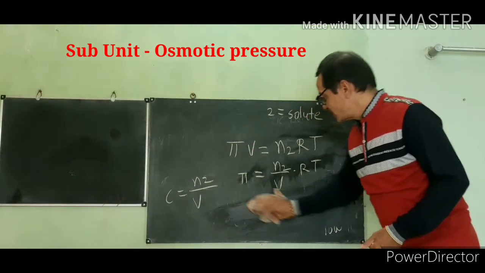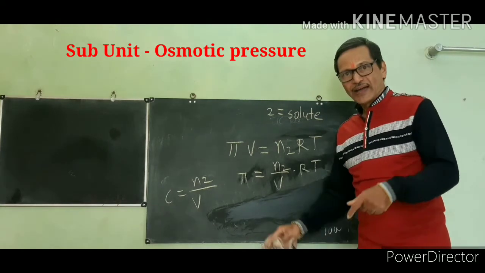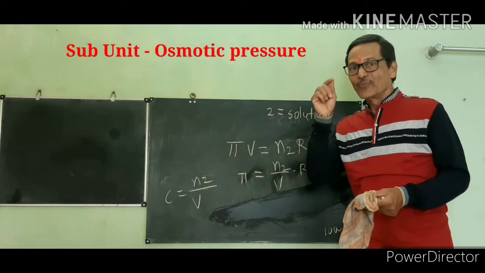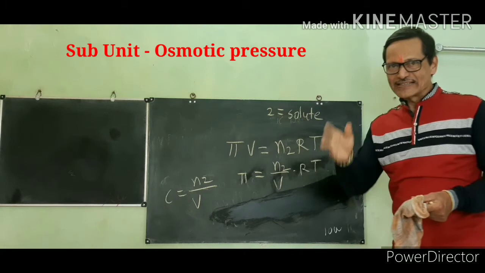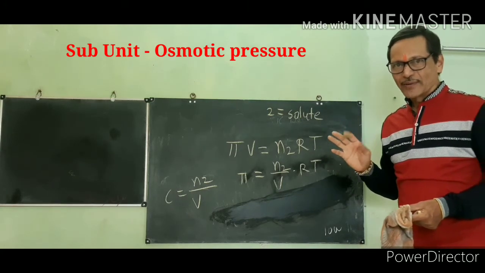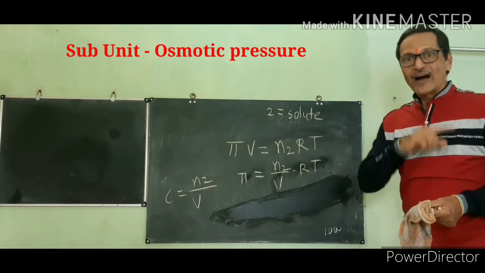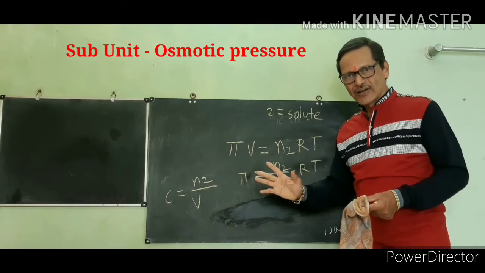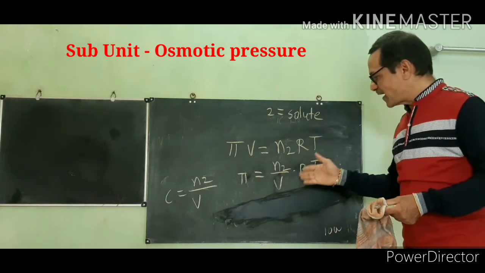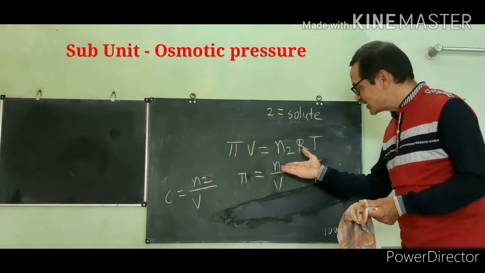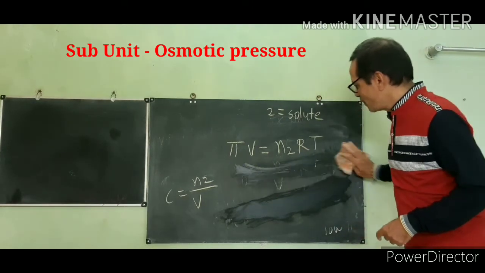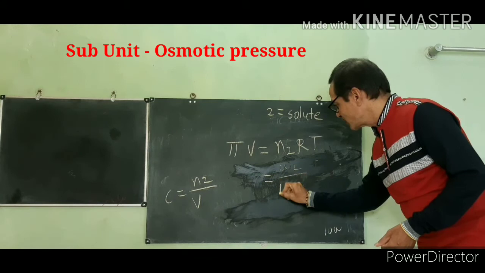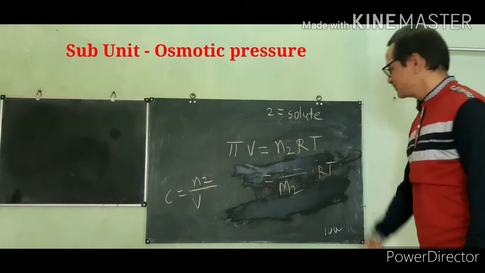If we substitute n2 by its formula W upon M, then we can calculate molecular weight, because this is the main use of colligative property: to find out the unknown molecular weight of an unknown solute dissolved in the solvent. So we substitute n2 by W2 upon M2, and pi V = W2 upon M2 into RT.